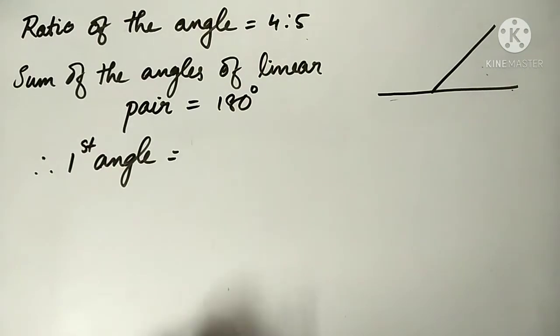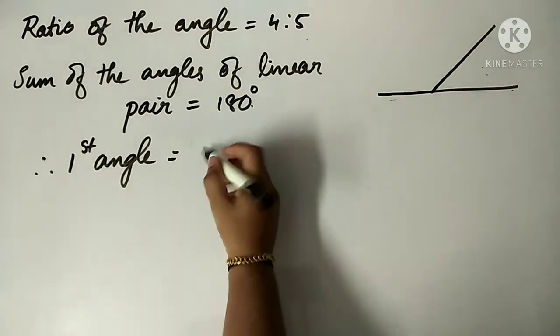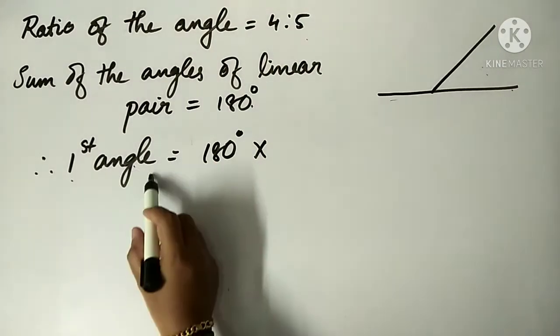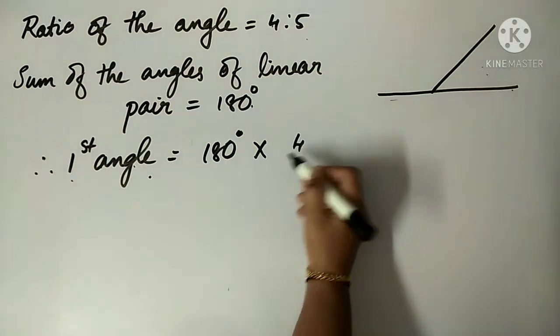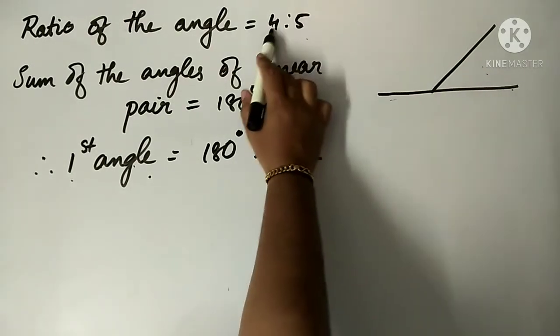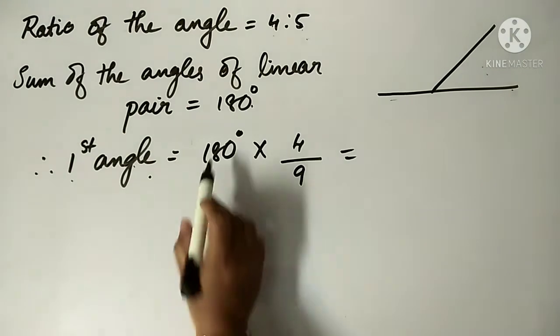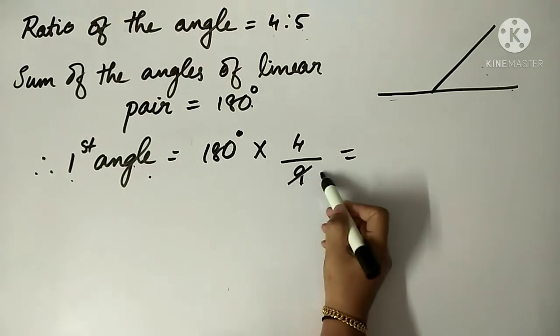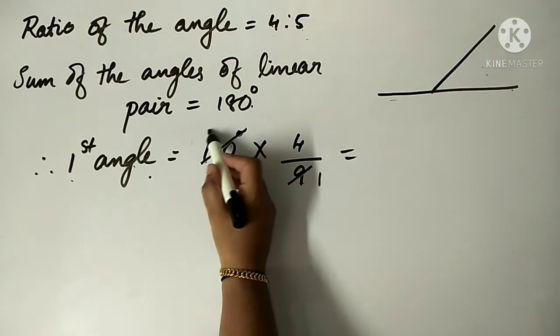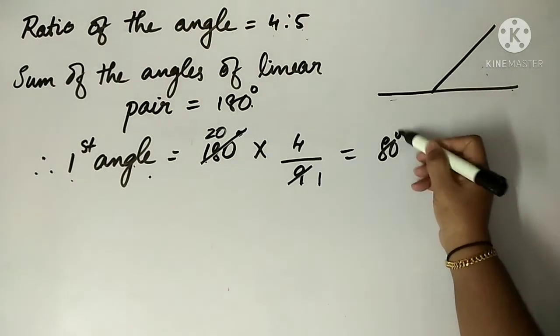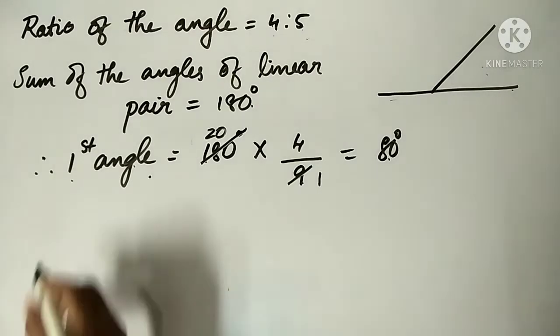First angle is equal to total angle 180 degree into ratio of the first angle, which is 4, by total of this, 4 plus 5 is 9. That is equal to, here 9 is a common factor. 9 will go one time and 180 will go 20 times. 20 into 4 is 80 degree. So first angle is 80 degree.